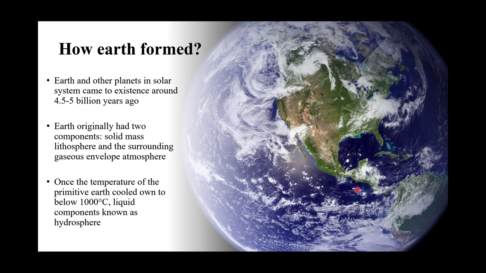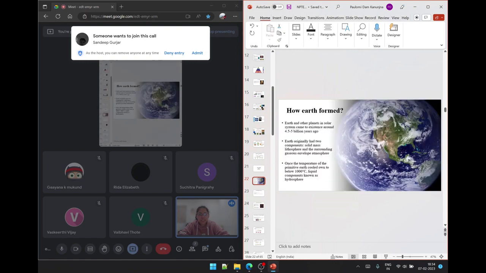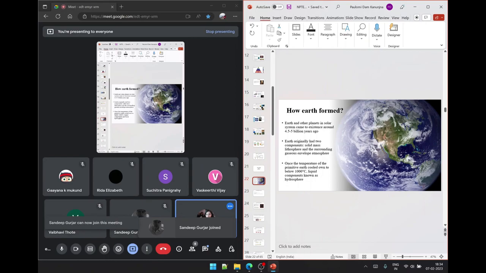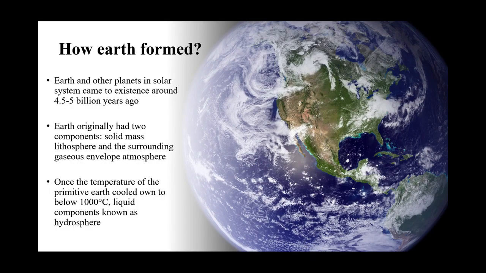So first thing is, Earth and other planets in the solar system came to existence around 4 to 5 billion years ago. When it started, Earth had two components: the solid mass lithosphere and the surrounding gaseous environment. When it was first formed, the temperature was very high.